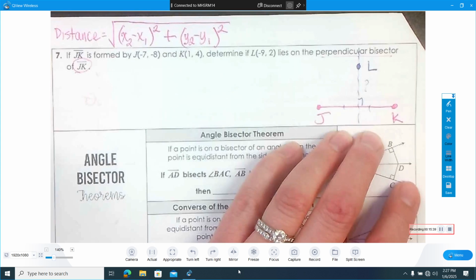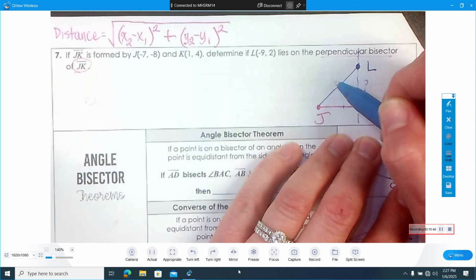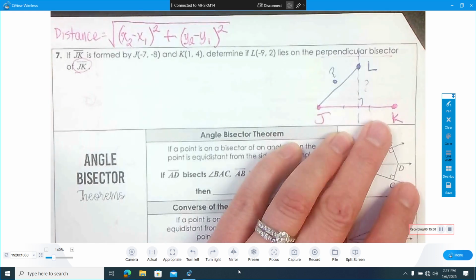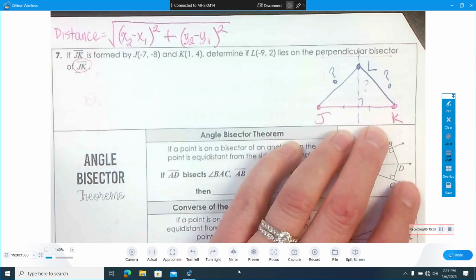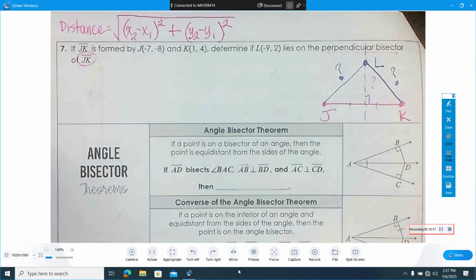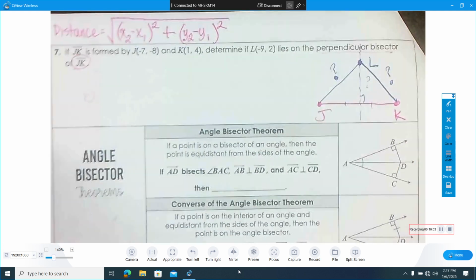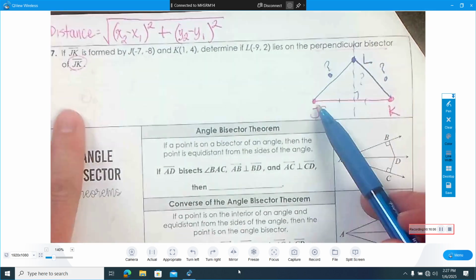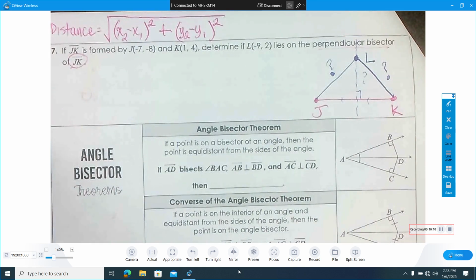In order for it to be on that perpendicular bisector, my wires holding that up need to be congruent. So JL, we want to know if that's the same as LK. Are the wires holding up our light posts the same? And if they are, then we're on a perpendicular bisector. So we're going to figure out the distance between J and L.